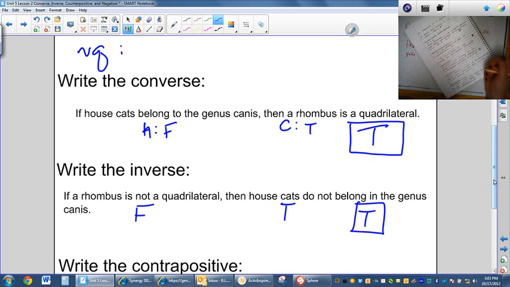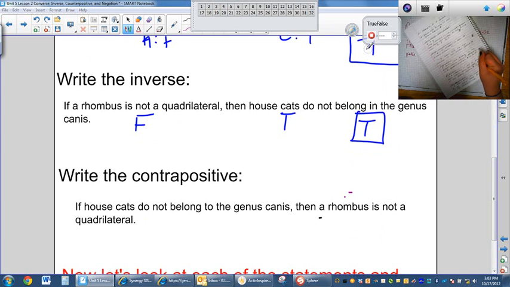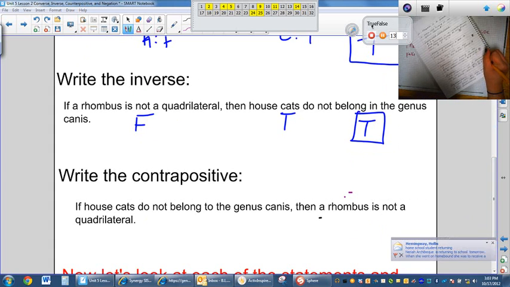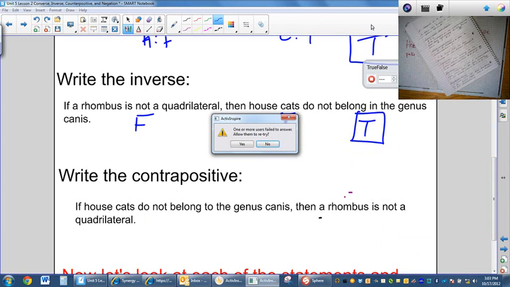And the last one, the contrapositive. If house cats do not belong to the genus Canis, then a rhombus is not a quadrilateral. 10 seconds. 5, 4, 3, 2, 1.